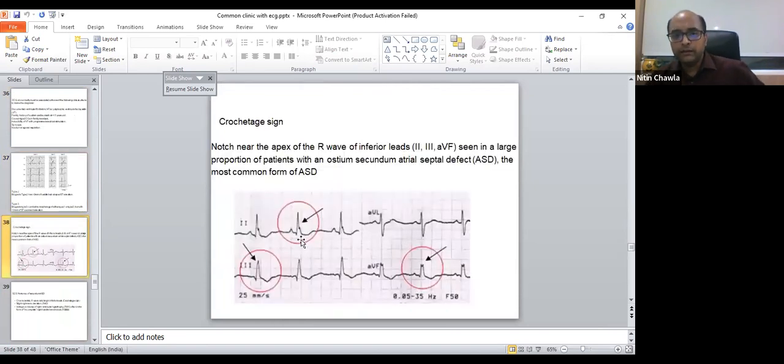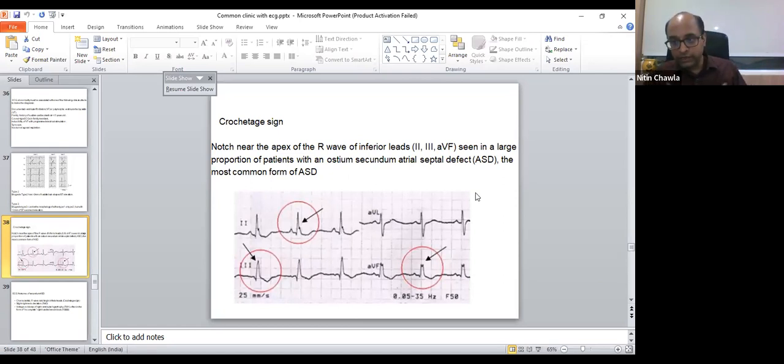So when we see ASDs, Crochet sign signifies an upslur in the R wave when the depolarization is ending in the ventricle. It is usually seen with secondum ASDs, mainly which are big and causing right ventricular overload, because the muscle has to work more.